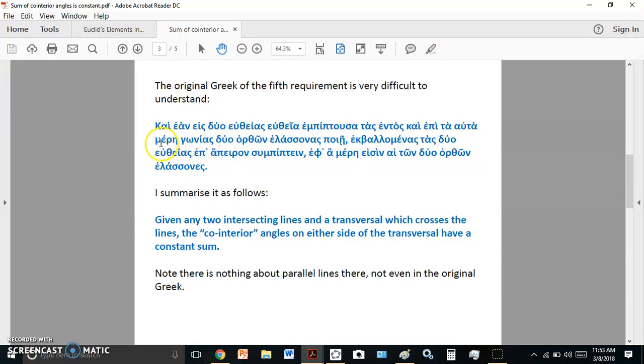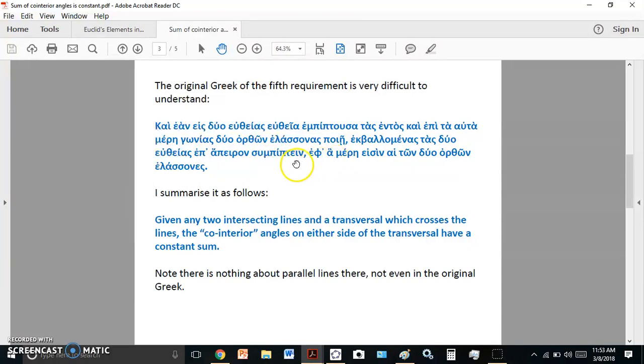So it says, and if 2 straight lines coincide, actually symbiptin is coincide, but if they fall together so that a straight line, the transversal, crosses them, then something about coinciding at infinity or something here, this is very difficult, but it has nothing to do with infinity.